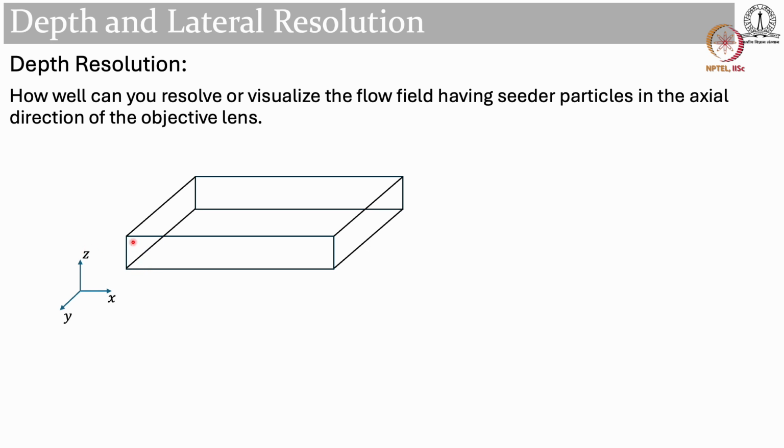Z is the depth basically, and if you visualize the micro channel from the bottom, you want to know how much you can actually see the particles in this z direction, like what is the plane in which you can focus all the particles very well. That would give you the resolution in the z direction, or the depth resolution.